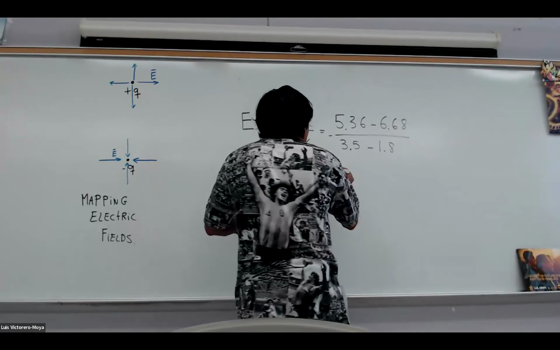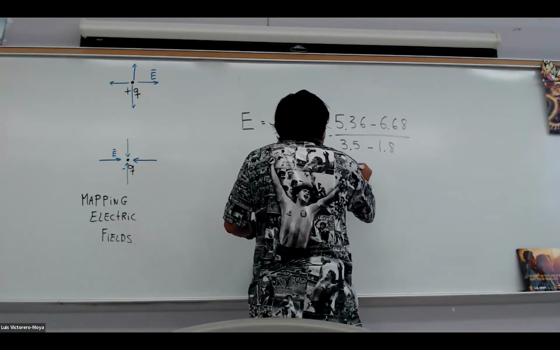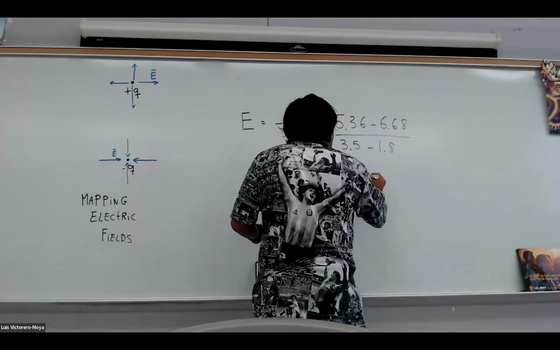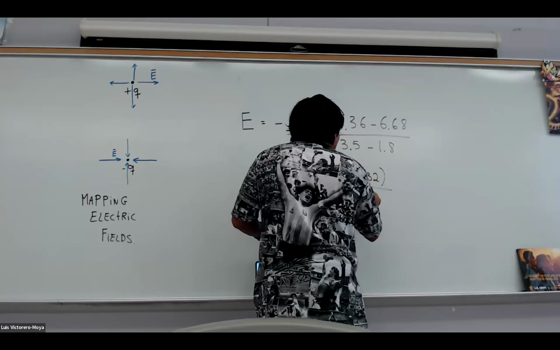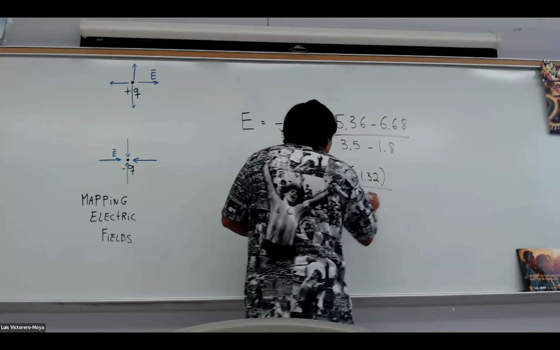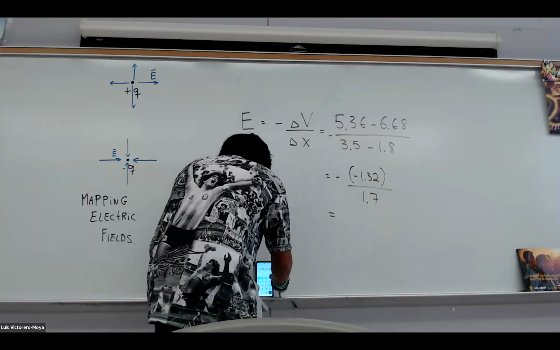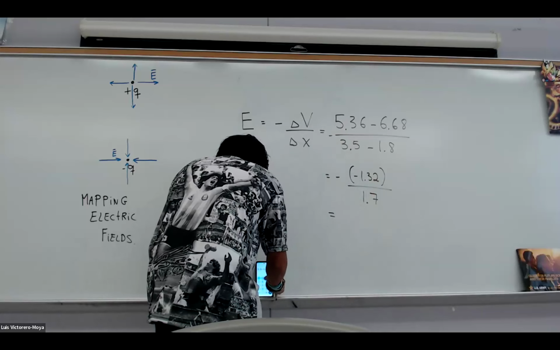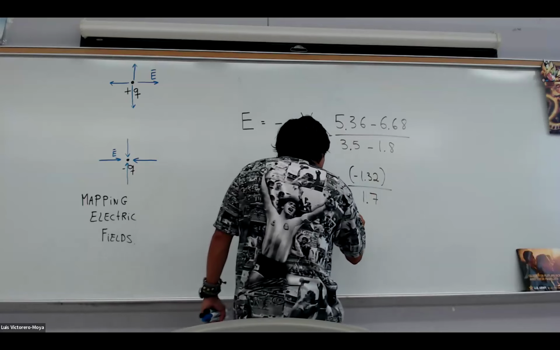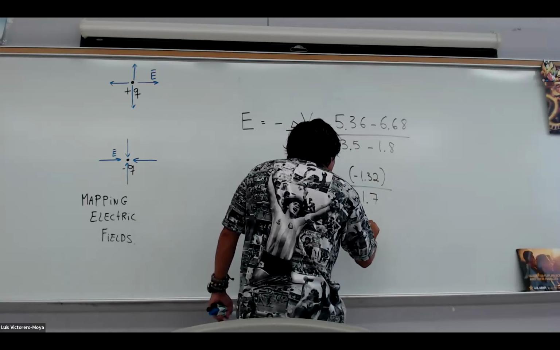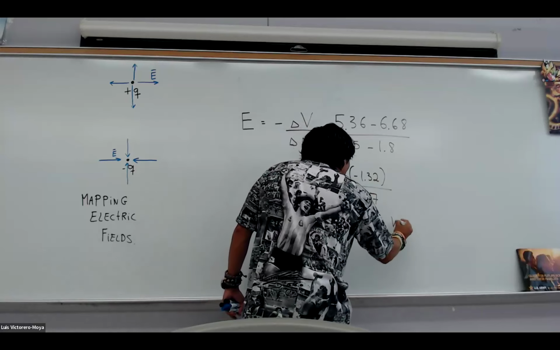So negative 1.32 over 3.5 minus 1.8, which is 1.7. So then you're going to get 0.776 volts per meter.